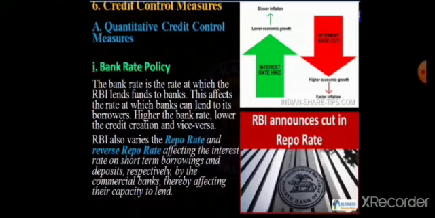And there are two bank rate policies which are adopted by RBI. The first is known as the repo rate, and the second is known as the reverse repo rate. What exactly is repo rate? Repo rate is nothing but the rate of interest at which RBI provides loans to all the commercial banks in our country.